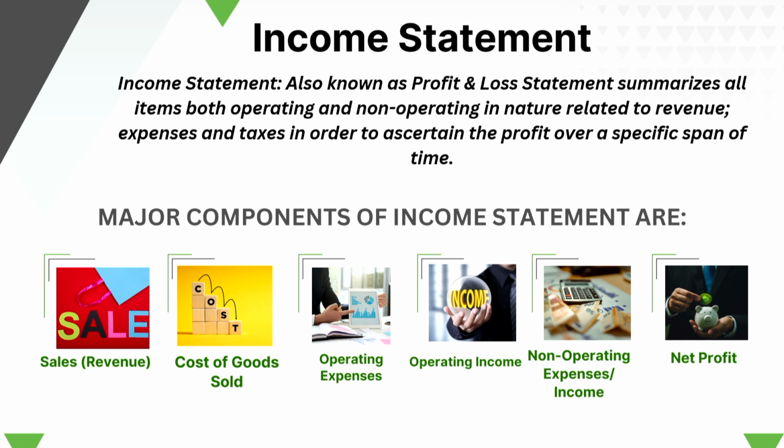The cost of goods sold is calculated using the formula: opening inventory plus purchases made during the year, minus the closing inventory. When the cost of goods sold is deducted from the sales, we reach the figure of gross profit.